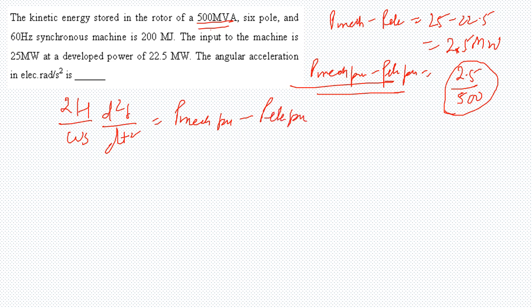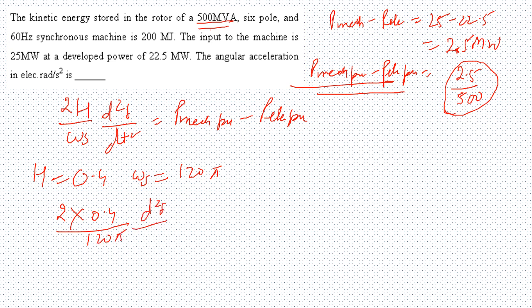You now have the value of H, which is 0.4, and omega s is 120 pi. Substituting all these values, we get 2 into 0.4 over 120 pi into d square delta over dt square is equal to the P mechanical per unit minus P electrical per unit value, which is 2.5 divided by 500.